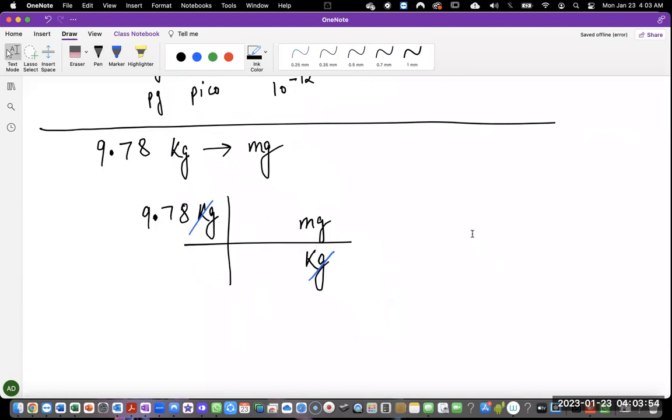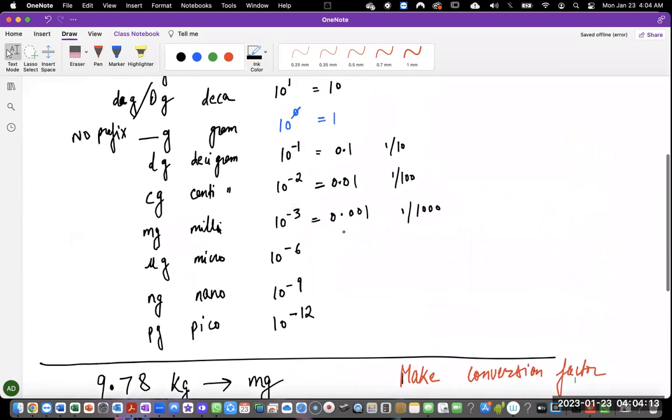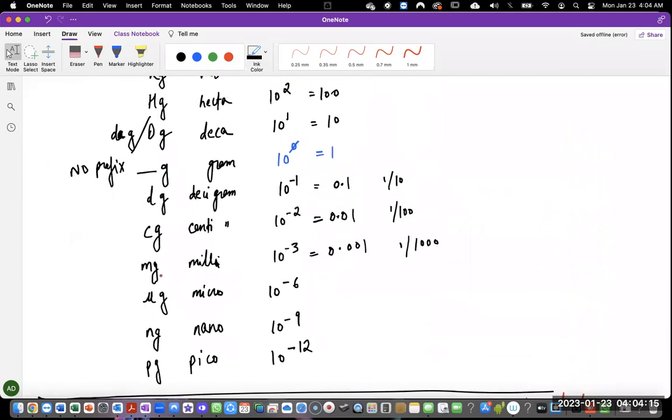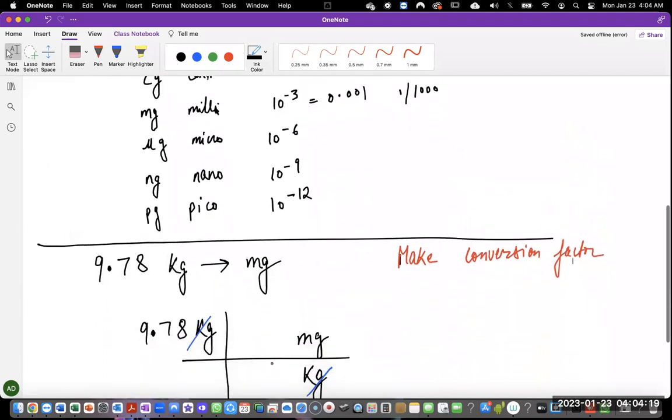The next is to make the conversion factor. And this is the most important part, guys. How to make conversion factor. Please keep in mind that the numbers that you're seeing on the table above for kilograms and milligrams, we're going to use them, but these numbers cannot be directly just plugged in here to get the answer. That will give you the wrong answer.